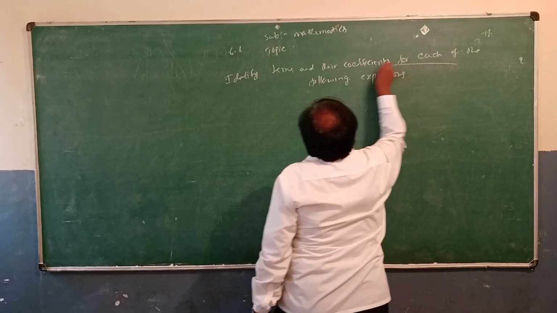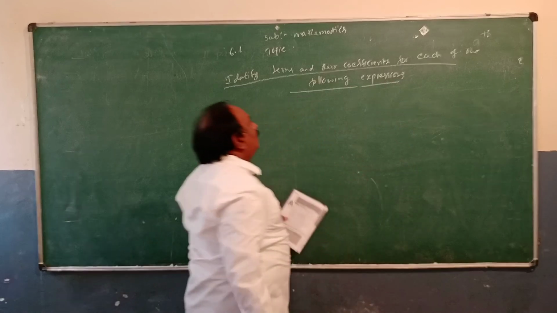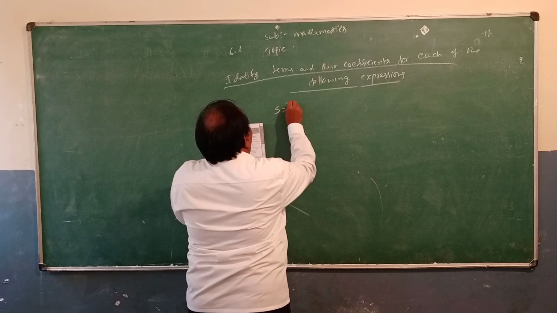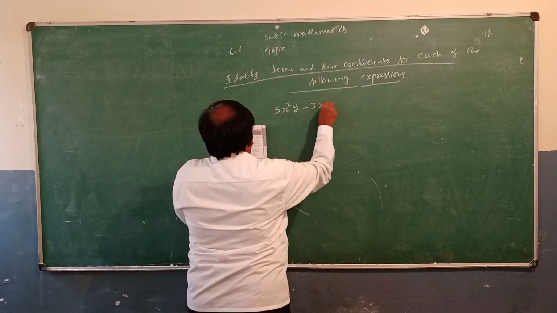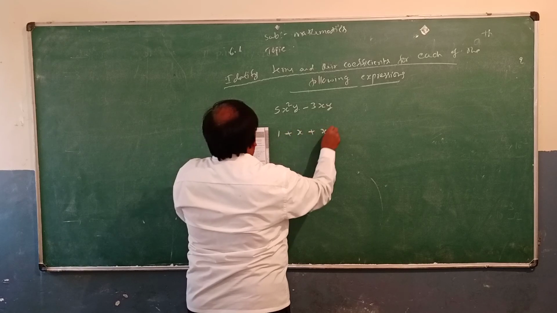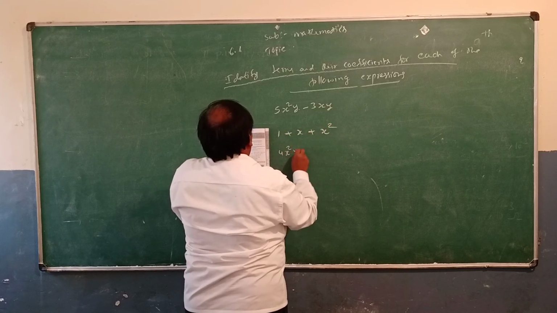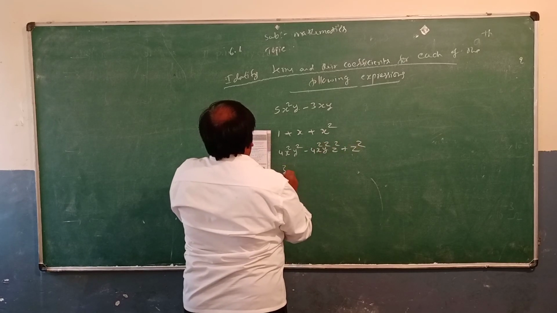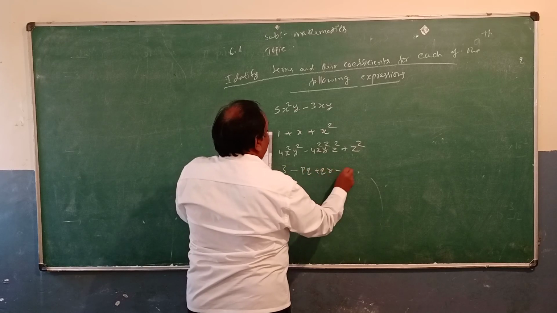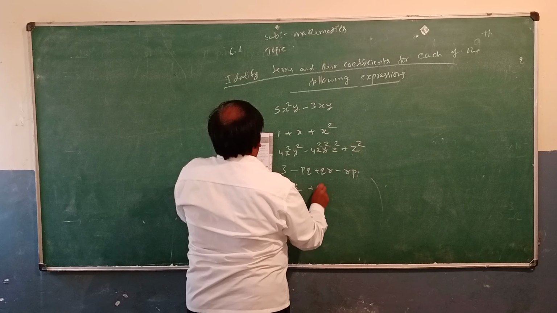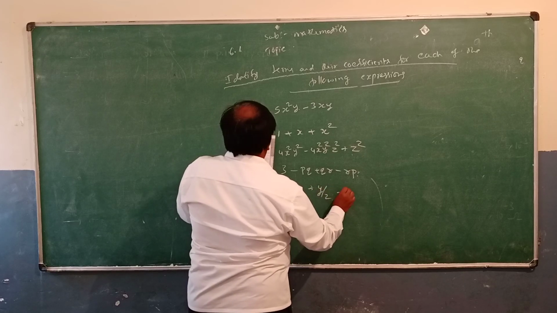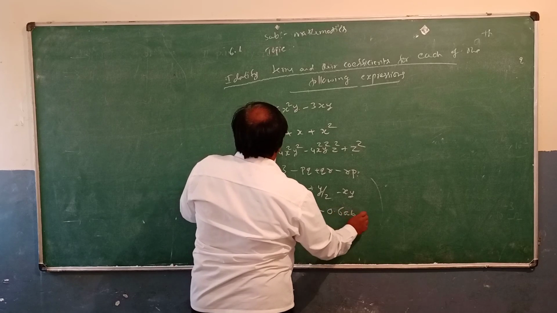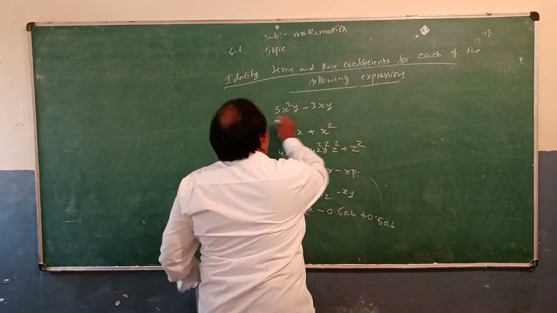Identify the terms and their coefficients in each of the following expressions: 5x square y minus 3xy, 1 plus x plus x square, 4x square y square minus 4x square y square z square plus z square, 3 minus pq plus qr minus rp, x by 2 plus y by 2 minus xy, 0.3a minus 0.6ab plus 0.5ab.